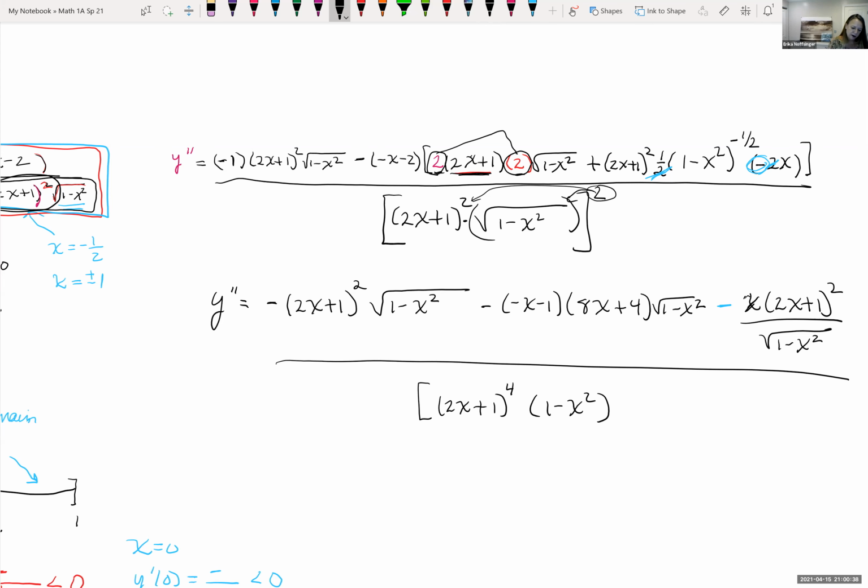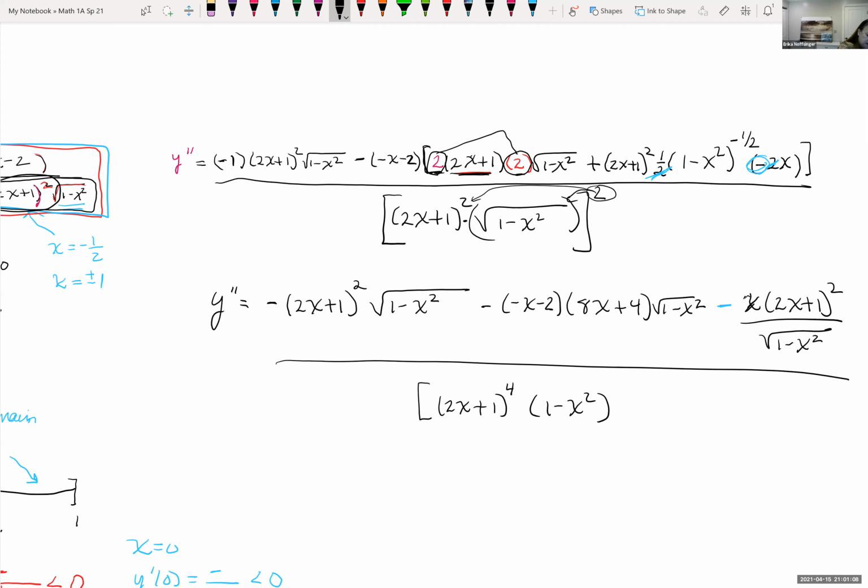So if we clear our fraction, hold on, I just need to make sure. This should be an x minus 2. x minus 2.